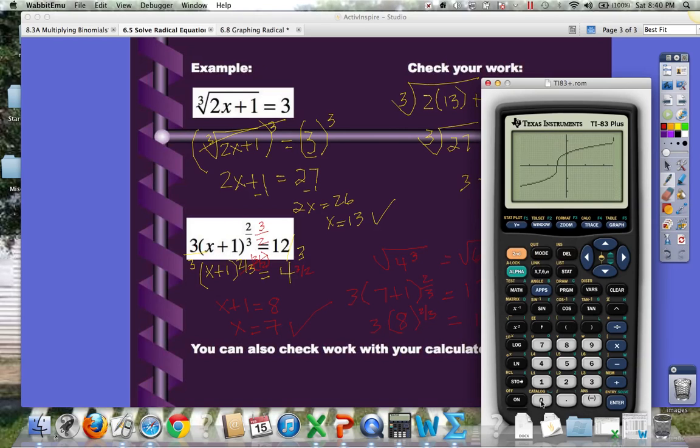Let's try this and see if it'll show you better. Nope. Alright, let me go back to the regular window.